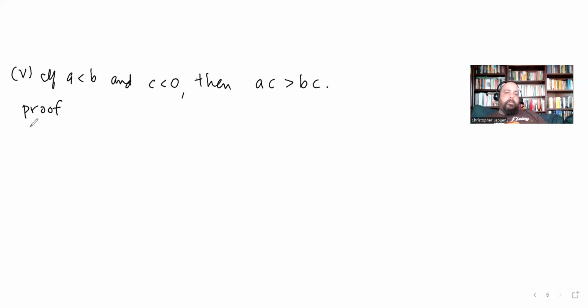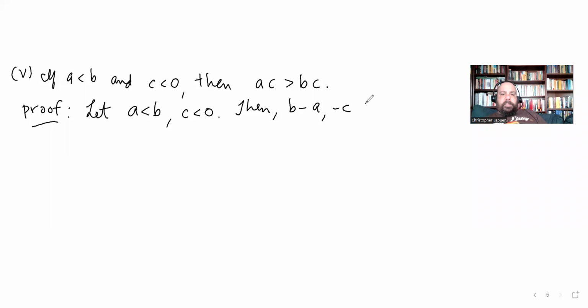Right, proof. Let A less than B, C less than 0, then B minus A and minus C. Oh, sorry, this should be, oops, C less than 0. And minus C is in the set of positive numbers by trichotomy.